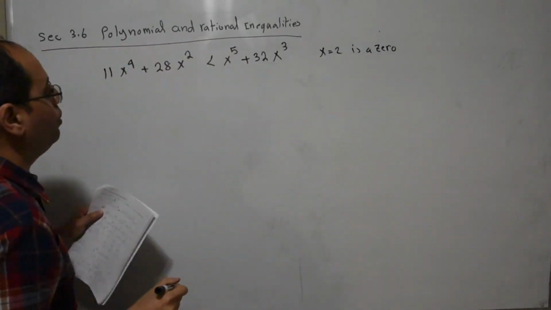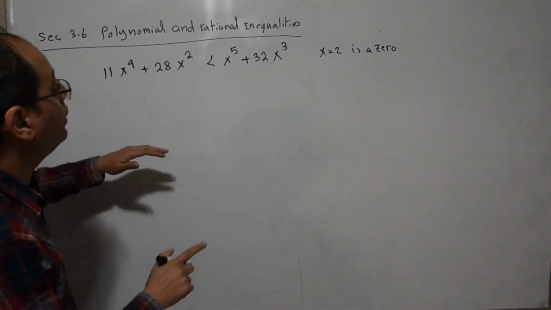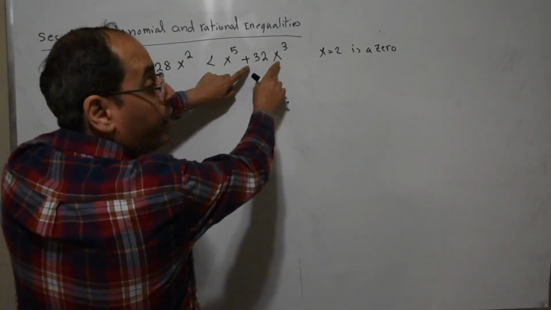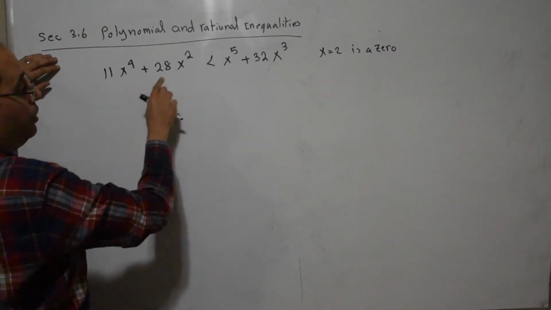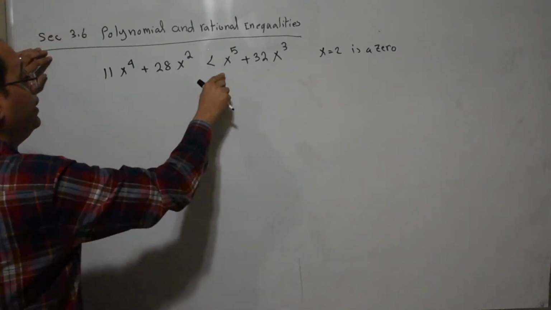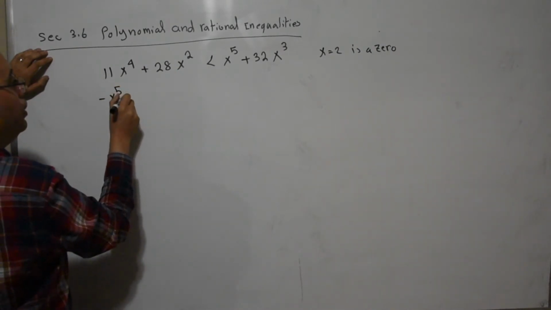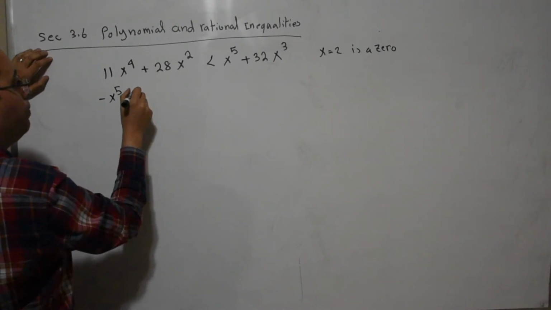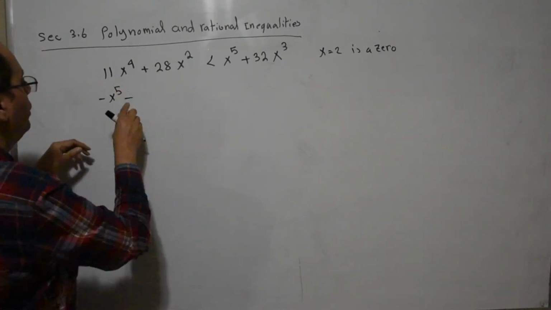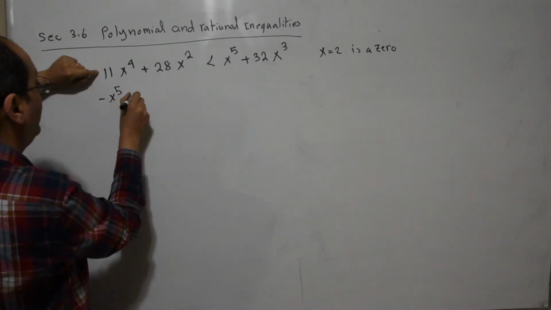Okay, so first of all, I need to make one side 0. So I'm going to remove all of these to the other side. And when I remove it, I change the sign. So I have negative x to the fifth, let's make it in order. So I'm going to get this first, because this is the fifth one, and then I add this one.